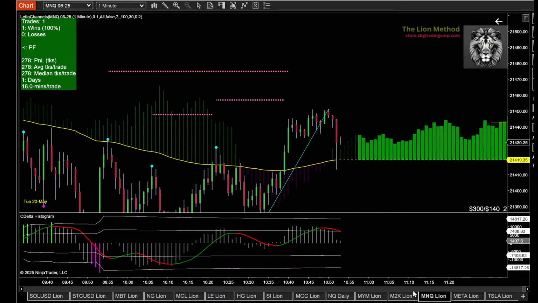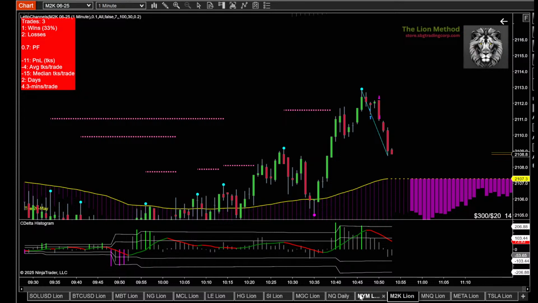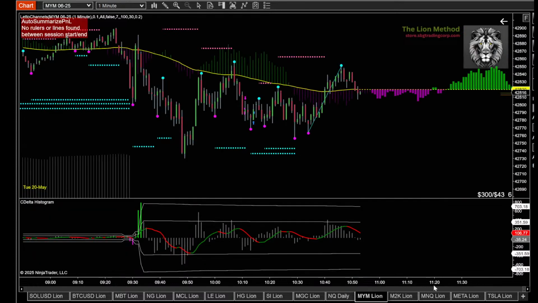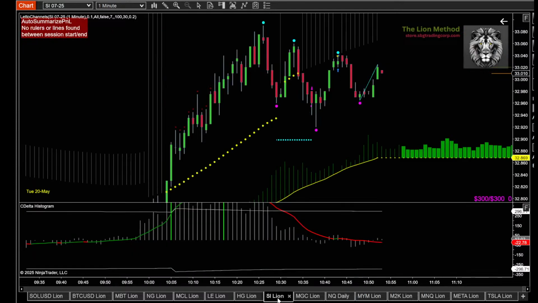Wow, found some good support at the 100 on a micro NAS. Oh, I think I just axed copper, guys.